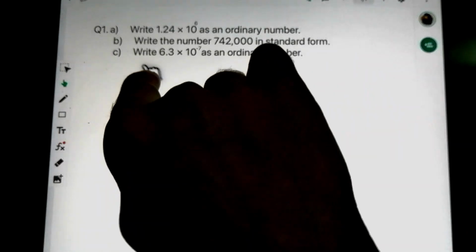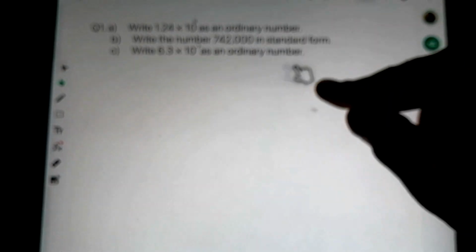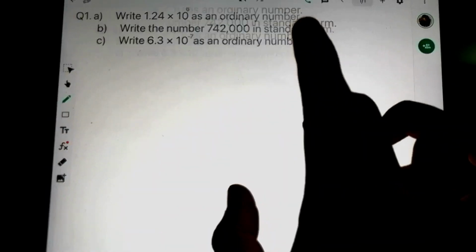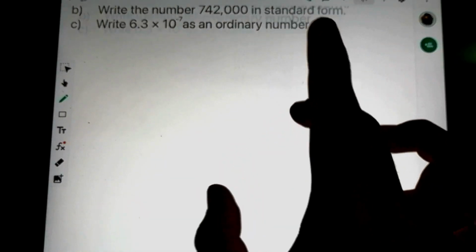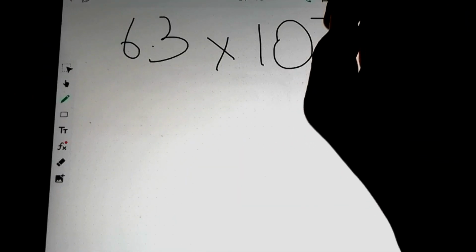Part C says write 6.3 multiplied by 10 raised to the power minus 7 as an ordinary number. Okay, so it's not too difficult. What was the number? 6.3 multiplied by 10 raised to the power minus 7.